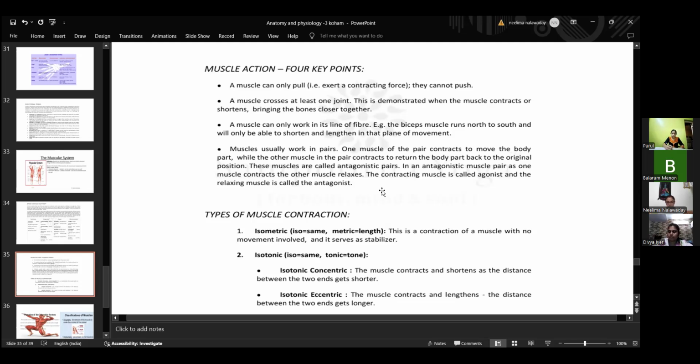So, Trikonasana. This is homework, just a brain game. Just try to find out which muscles are getting involved, which are shortening, which are lengthening. Okay.